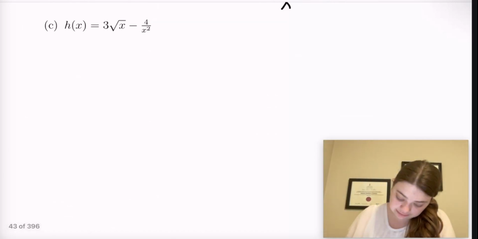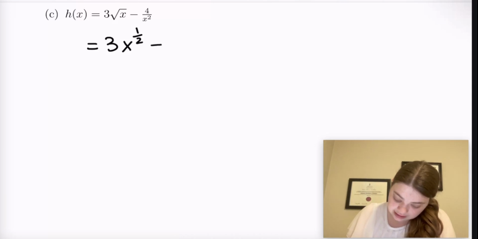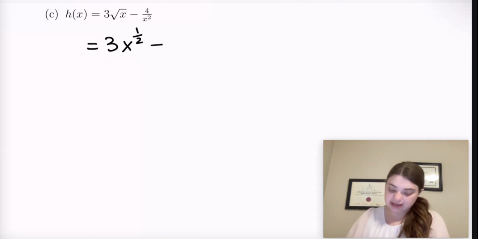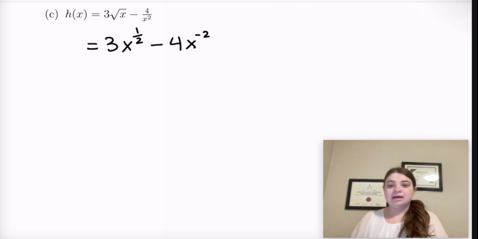So let's write that down. That this is the same as 3 times x to the power of 1/2. And then 4 over x squared is the same as 4 times x to the power of negative 2.